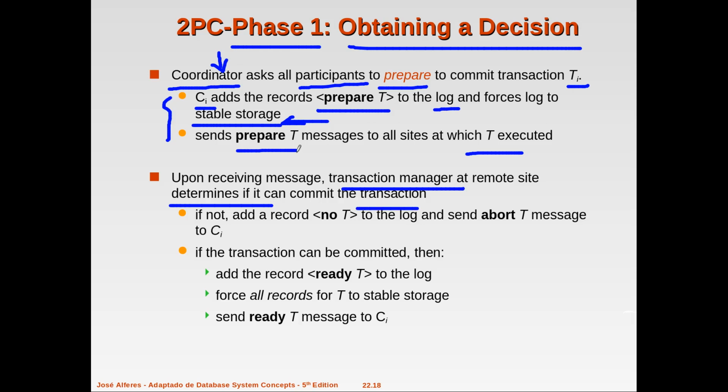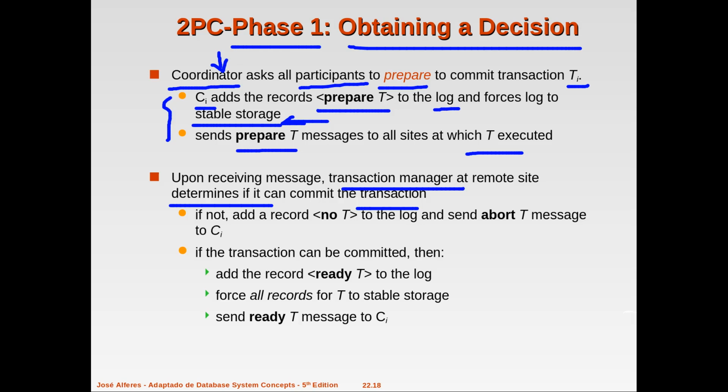After getting the message prepare T, the different sites participating in this transaction will determine whether the transaction can be committed or whether it cannot be committed now. That will be determined by the transaction manager of the other sites.